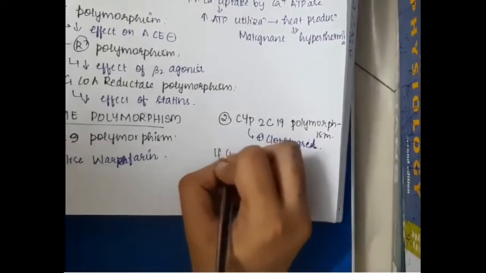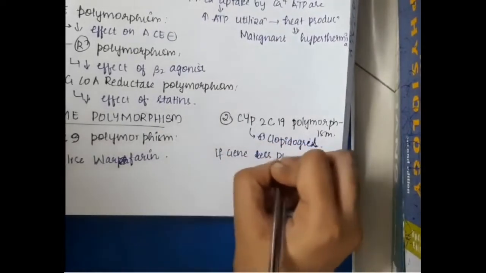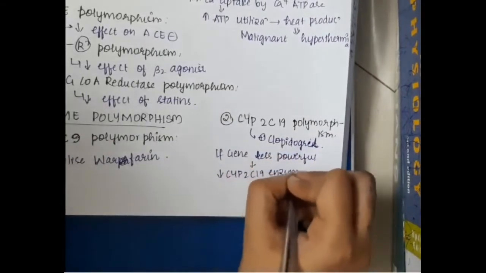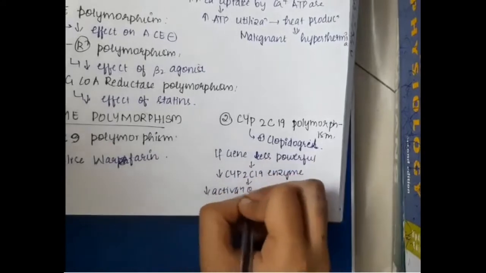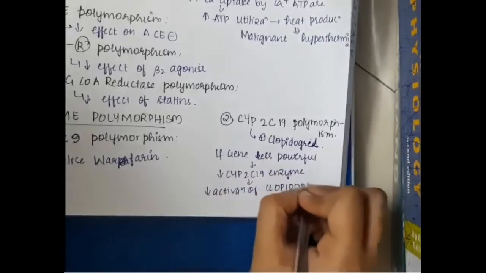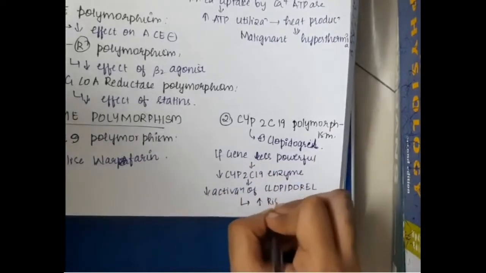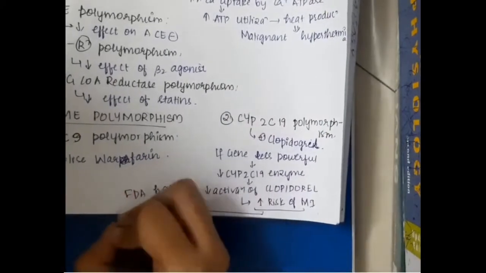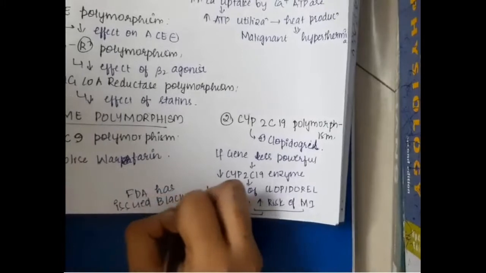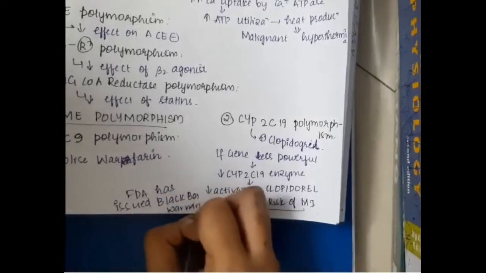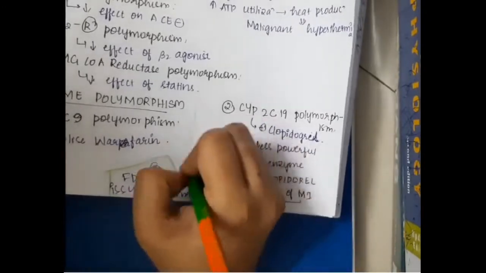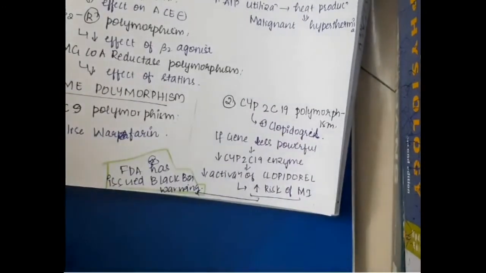If the gene is less powerful, the CYP2C19 enzyme decreases, so there is decreased activation of clopidogrel, and thus an increased risk of MI. The FDA has issued a black box warning for clopidogrel for these patients, so we would not use clopidogrel without knowing the polymorphism status of the patient.